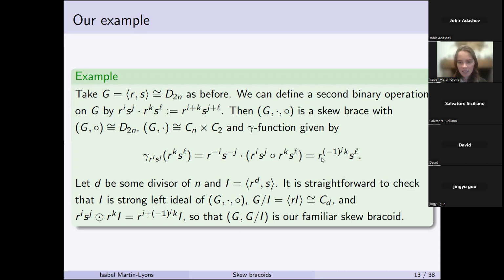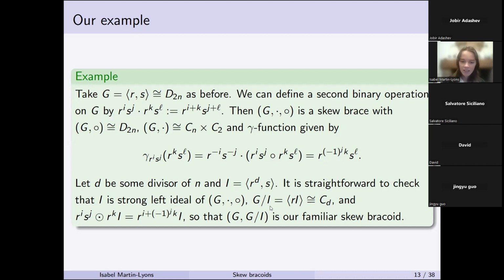And you'll see that the gamma function leaves the power of S alone, and the power of R is only ever inverted. So we can't leave the subgroup, if you like. This means it's a strong left ideal.